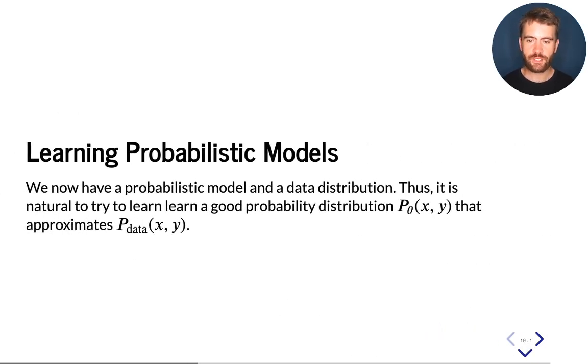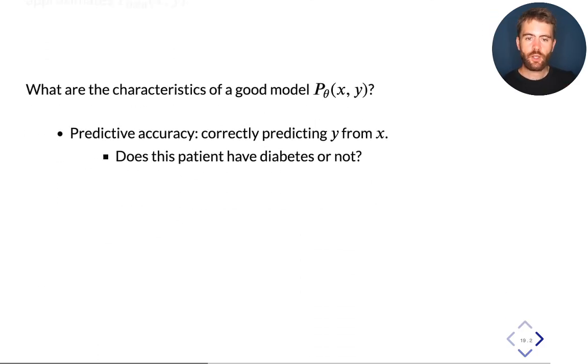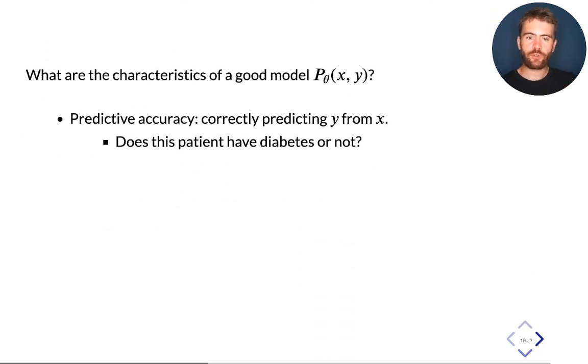So given that we have this idea that we want to fit a probabilistic model to mirror and to approximate the data distribution, how would we do that? What kind of objective might we use? There are many different ways in which we can define what is a good probabilistic model, and different things we might want to have out of our probabilistic model.